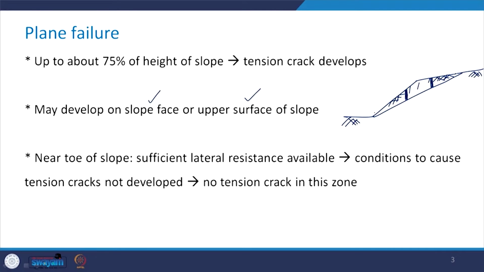What happens near the toe of the slope? That means this point, this is what is called the toe. What happens at this point?